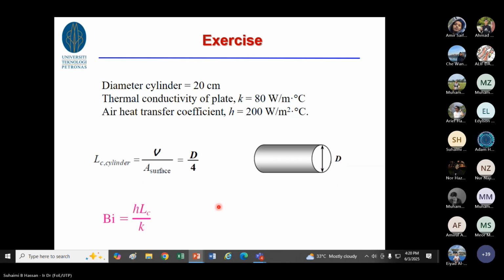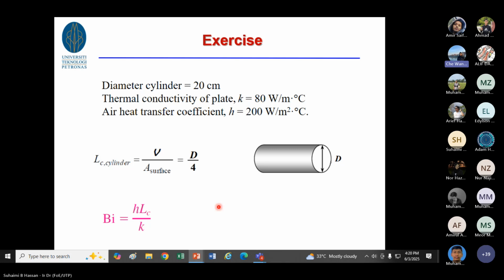Second one, for the cylinder. Biot number is 0.125, so larger than 0.1.